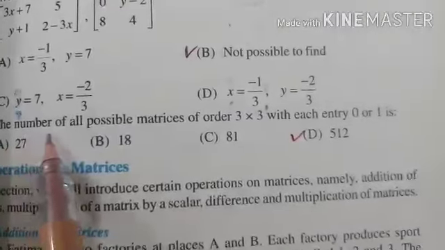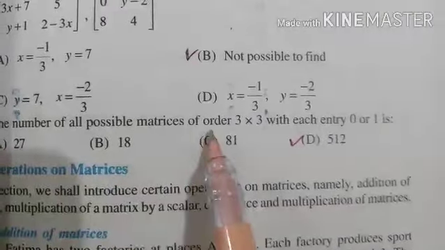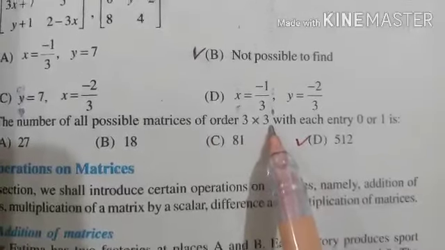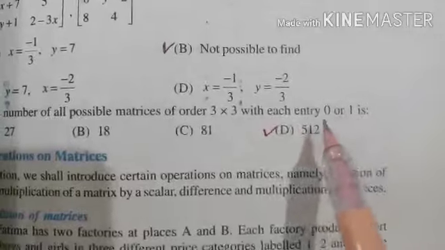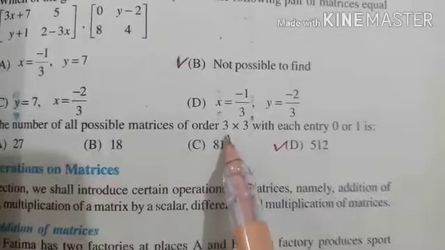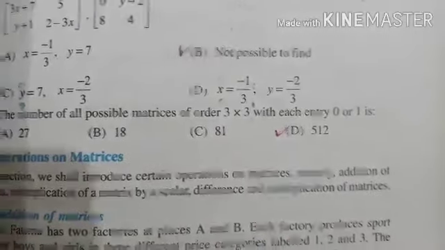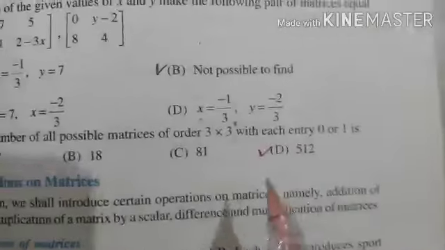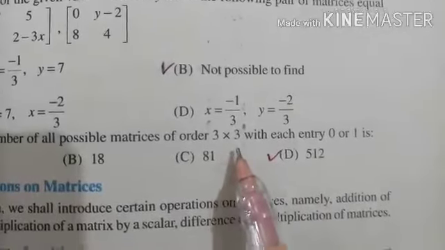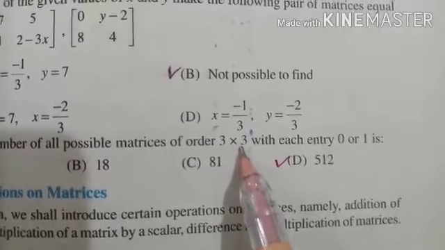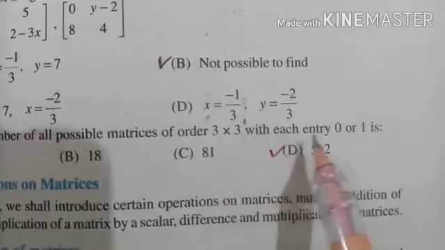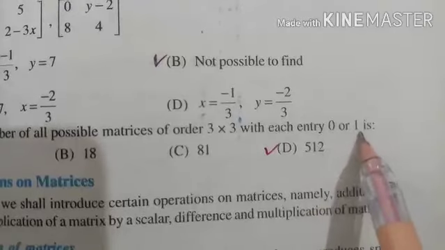And the last MCQ, number 10. The number of all possible matrices of order 3 by 3 with each entry 0 or 1 is? There is a matrix of order 3 by 3, so there are 3 into 3, it means 9 places. It means we have to fill a total of 9 boxes in the matrix, and each box can be filled with either 0 or 1.